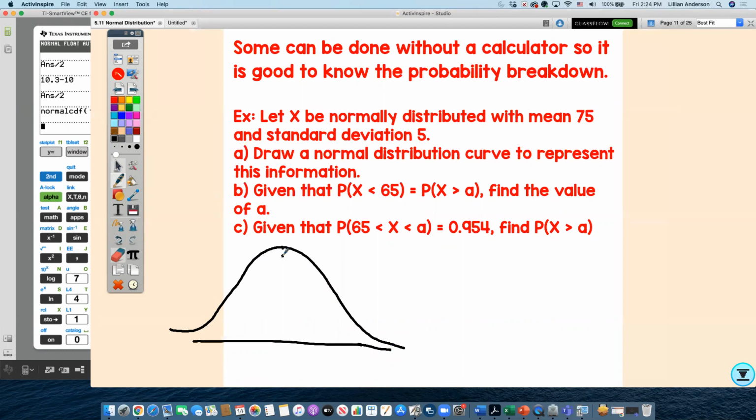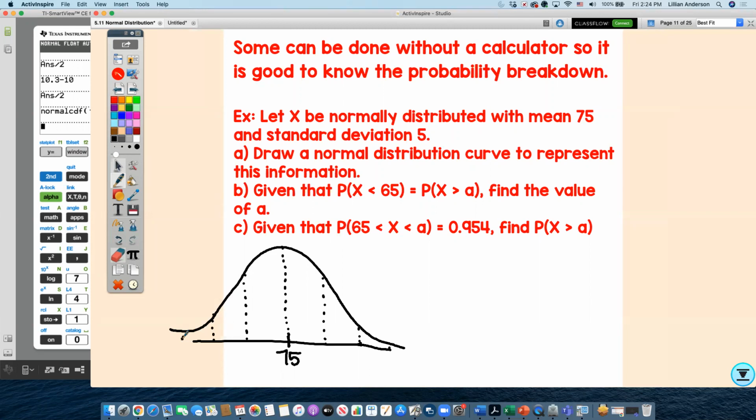Smack dab in the middle is your what again? Your mean, which is 75. Now it says a standard deviation of 5. That means 3 standard deviations to the left, 3 standard deviations to the right. You'll need to either add 5 or subtract 5. And that's how you draw your normal distribution curve.